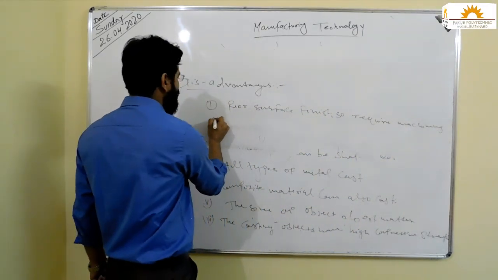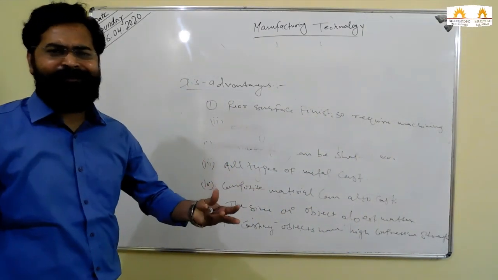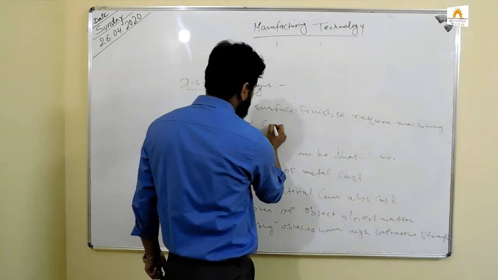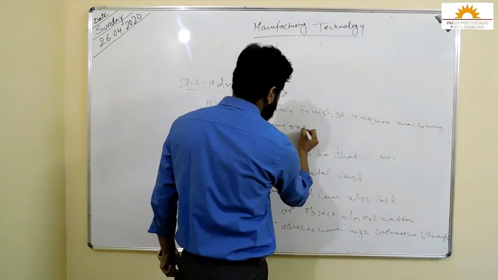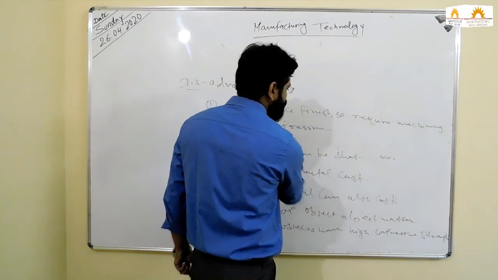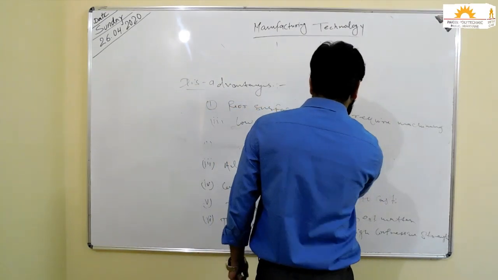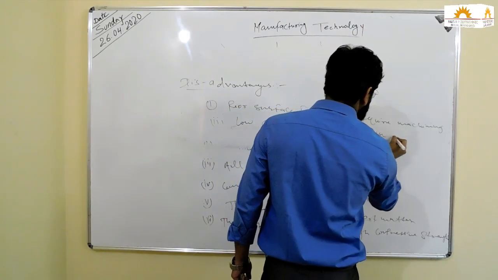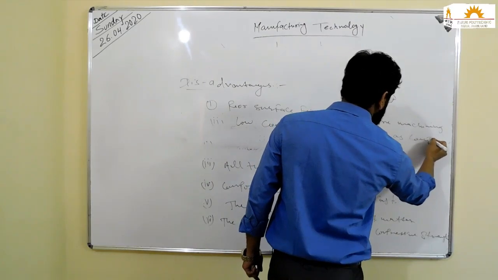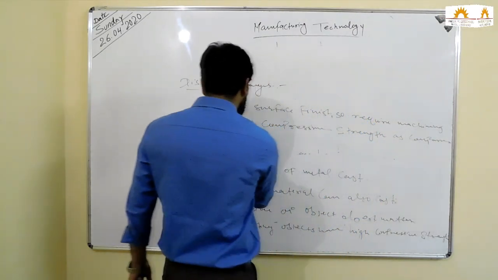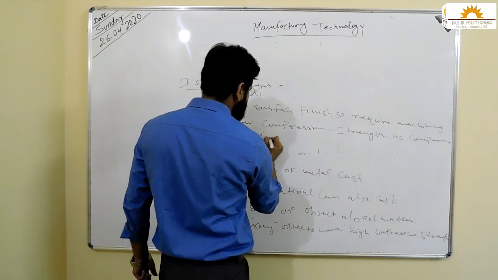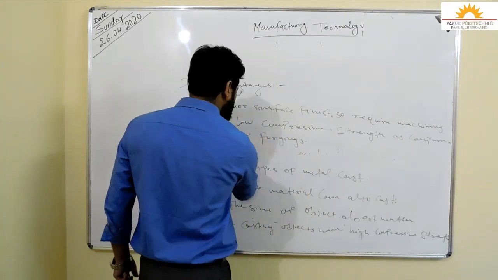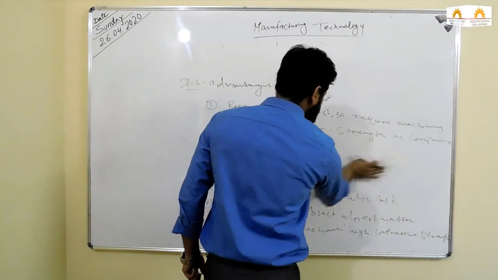The second one is low compressive strength as compared to forgings.